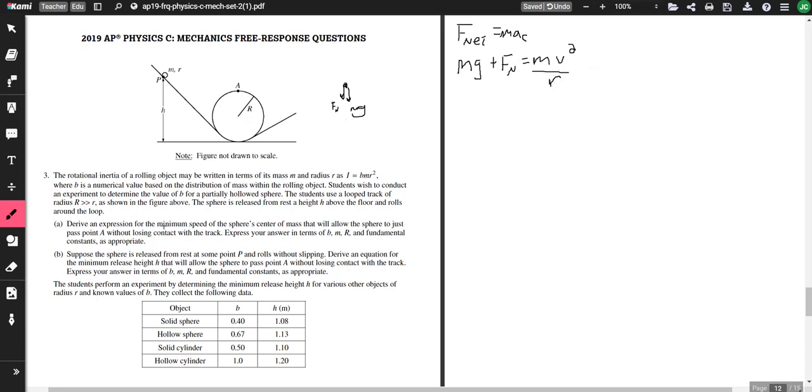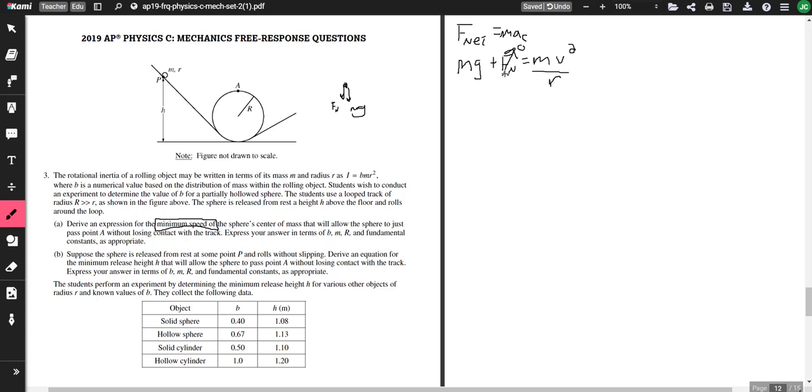Now, one of the key phrases here is the minimum speed for the sphere. That basically means that if we're looking for a minimum speed, this normal force goes to zero. I know you might be thinking that it says without losing contact with the track, but anything smaller than this speed will definitely make it lose contact with the track.